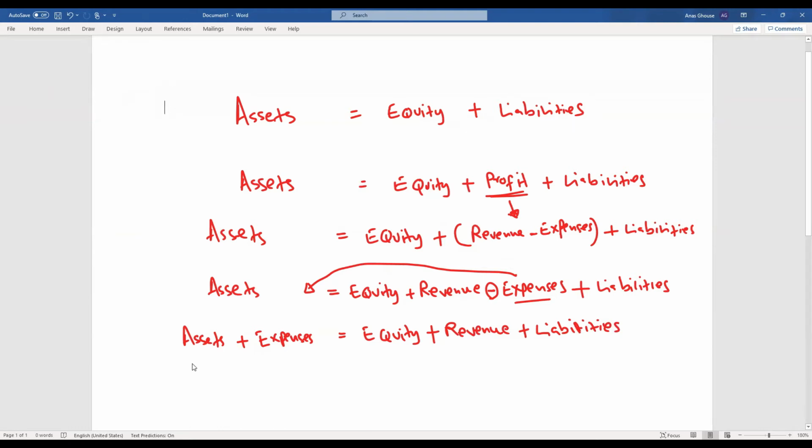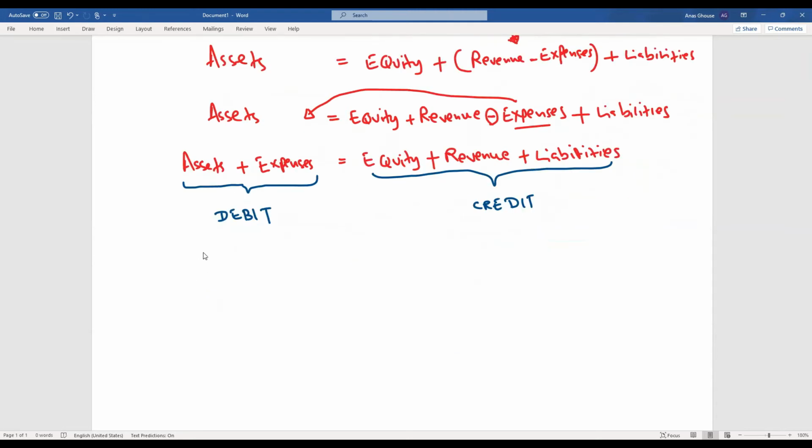So if you take assets plus expenses, these accounts will have a debit balance. And if you take equity plus revenue plus liabilities, these accounts will have a credit balance.